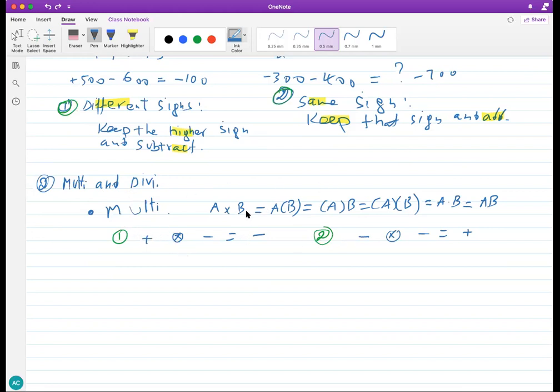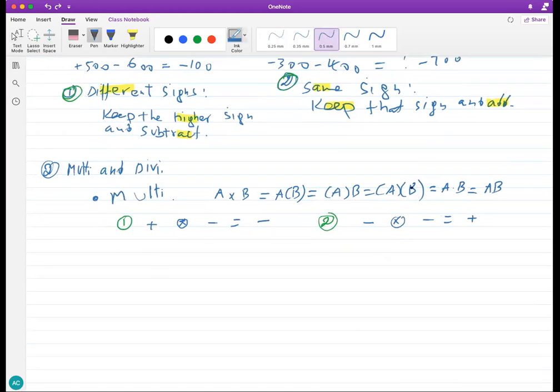But let's do some examples first with multiplication, and later we'll do some division. Let's say -2 times 3. The sign is negative, so it's -6.